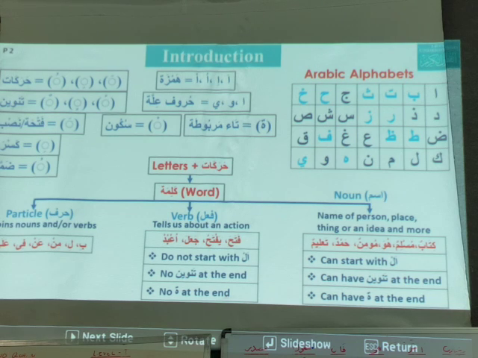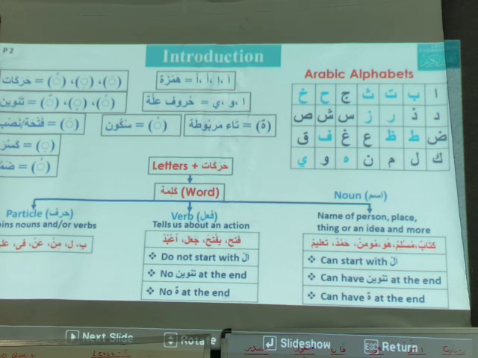There is always something after those letters or particles. So they are used to combine verbs or nouns. The fi'l tells us about the action, what is being done. The action can be in the present tense, future tense, or past tense.